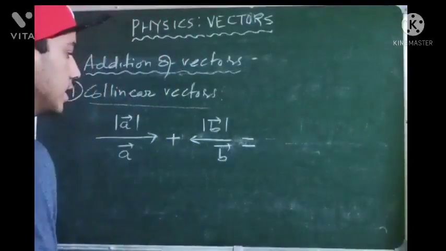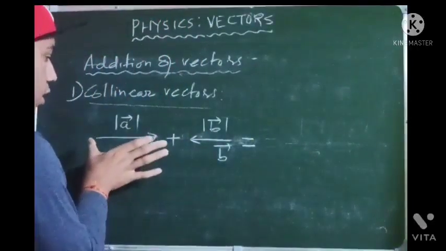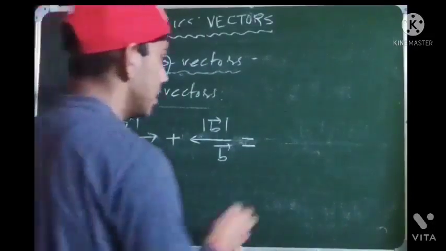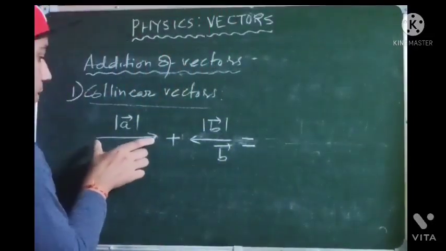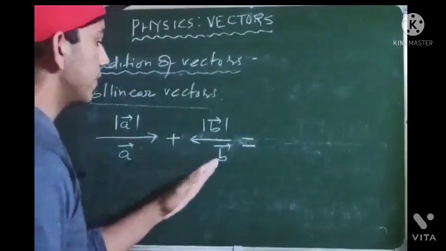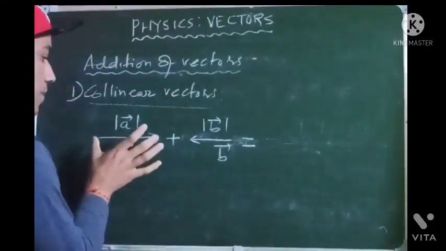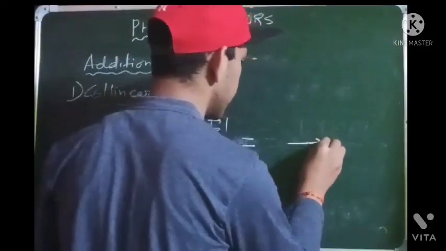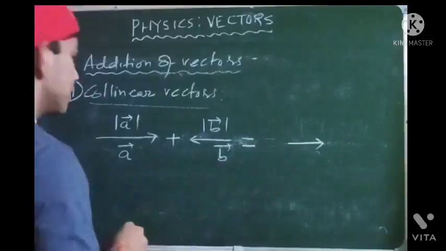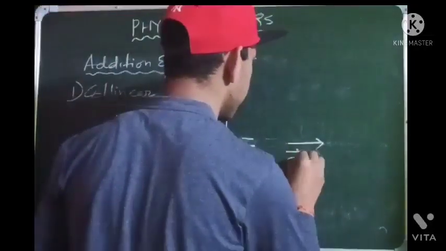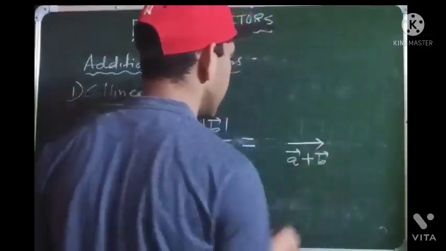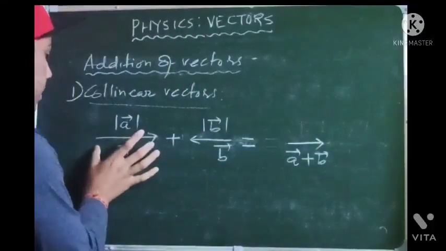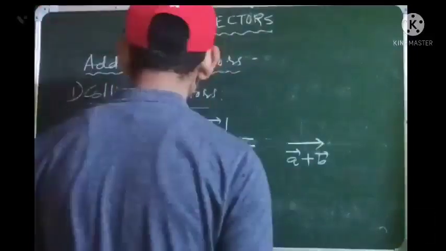Then this can be equated as a vector which will be pointing along the direction of the A vector, because its length is larger. So the length of A vector plus B vector will be the subtraction of this length from this length, and the direction of this vector A vector plus B vector will be along the direction of the A vector, because its length is more in magnitude.